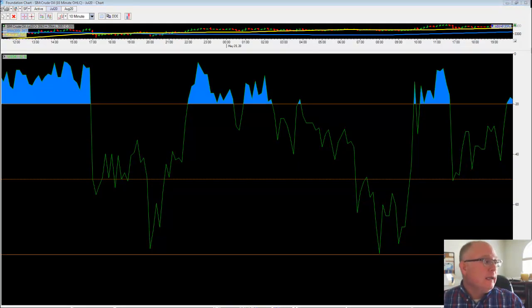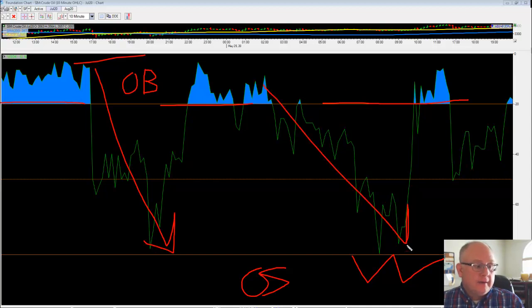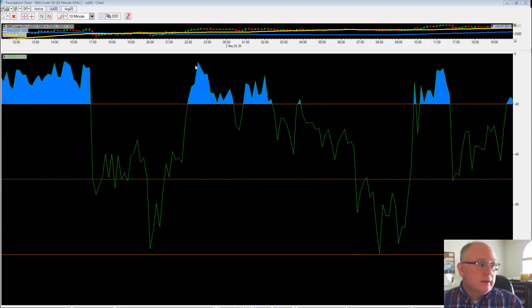What we can see is this is the overbought section up here, and underneath here is the oversold section of the chart. You can see you're overbought all the way through here, and you would think this would be a great time to sell here. Looks like a good time to sell here. Possibly a good time to sell right there if you're just strictly looking at the oscillator itself.